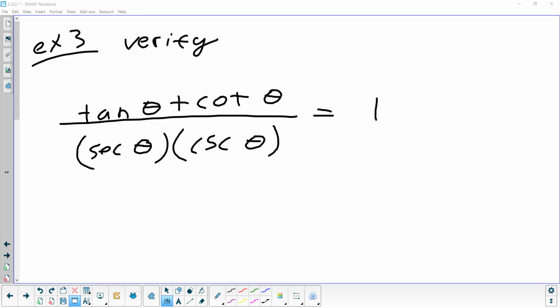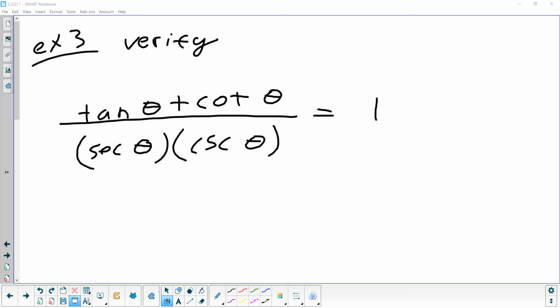But for this one, I would work with the top first. That's my thought. So we'll leave the bottom the same for as long as we can, and let's see if we can simplify the top somehow.